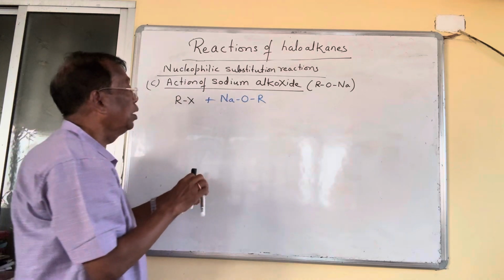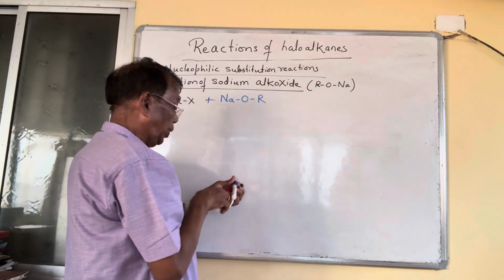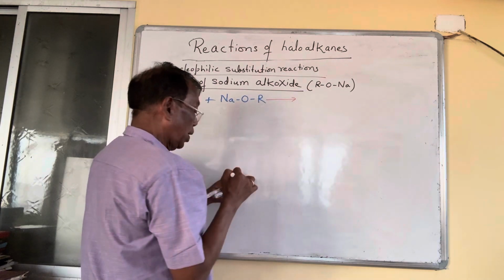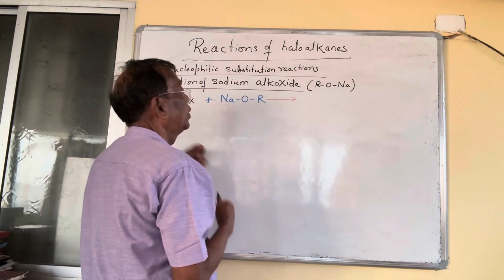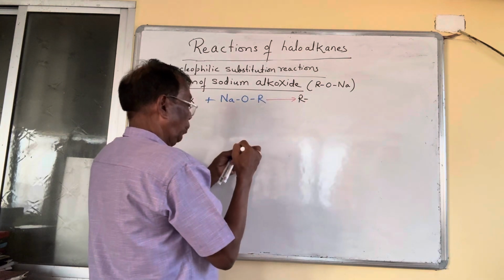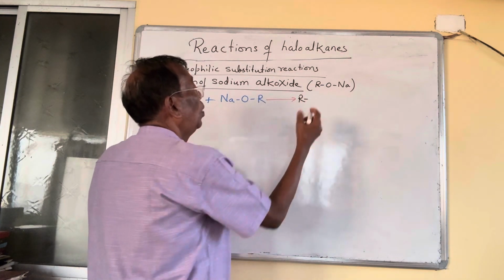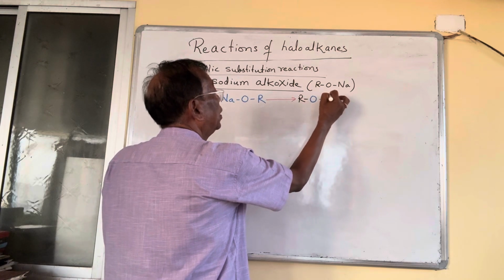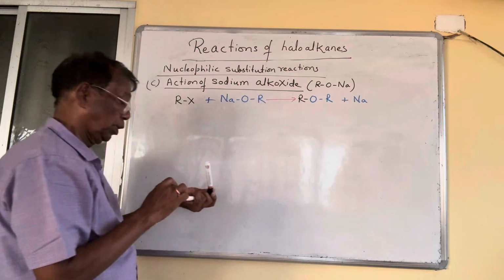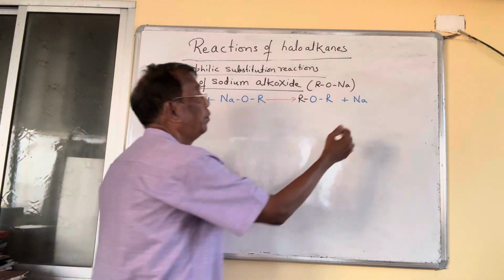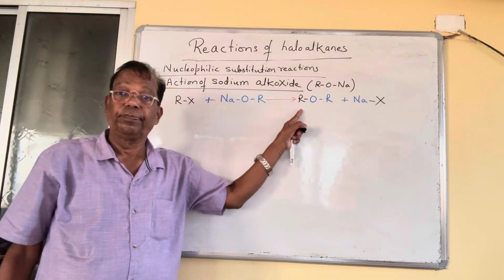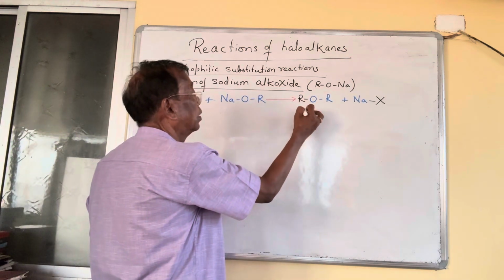So the compound that we get here from this will be R with O and here R, plus Na with X. Okay, so this compound that we get is called as ether.